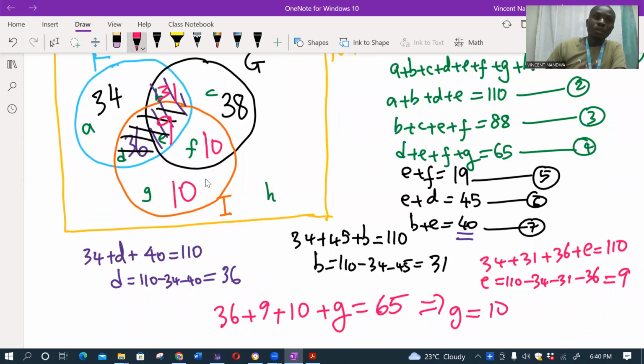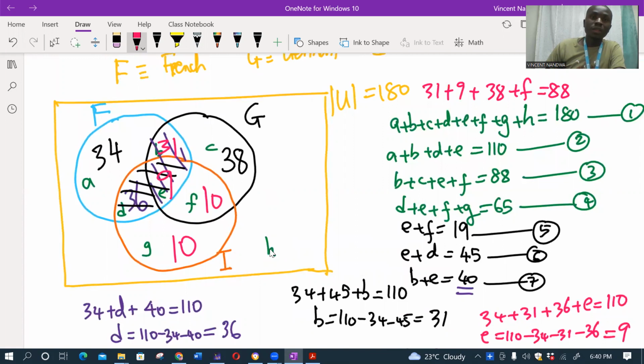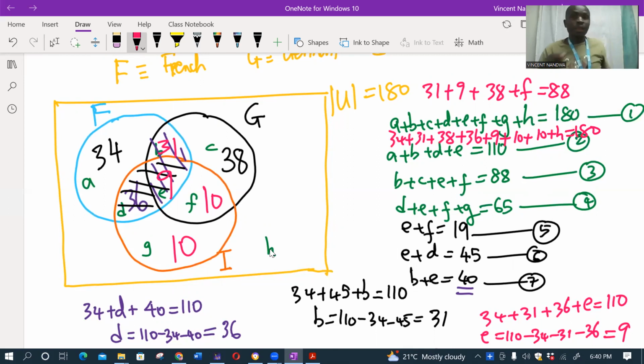Now G is already filled, so the only part remaining is H, and we know that A, which is 34, plus B, which is 31, plus C, which is 38, plus D, which is 36, plus E, which is 9, plus F, which is 10, plus G, which is 10, plus H must give us 180.